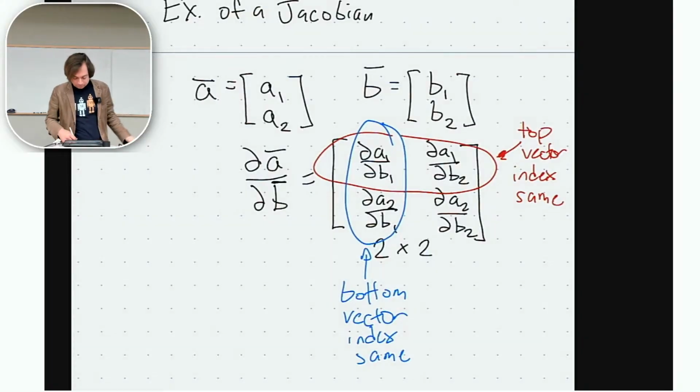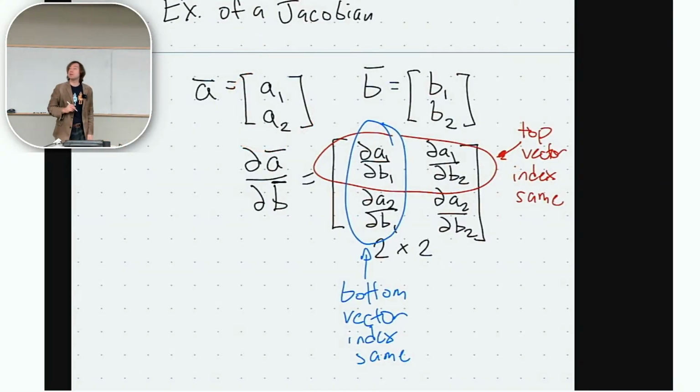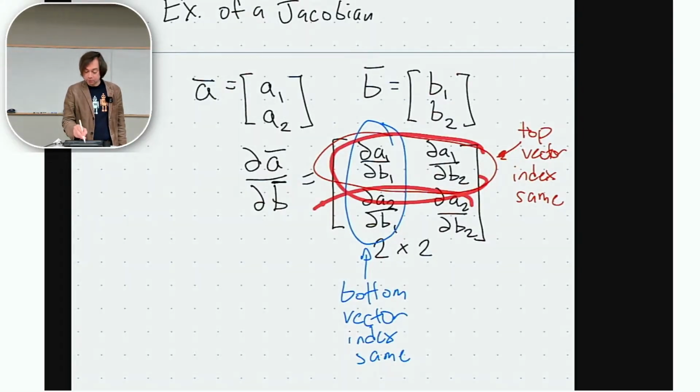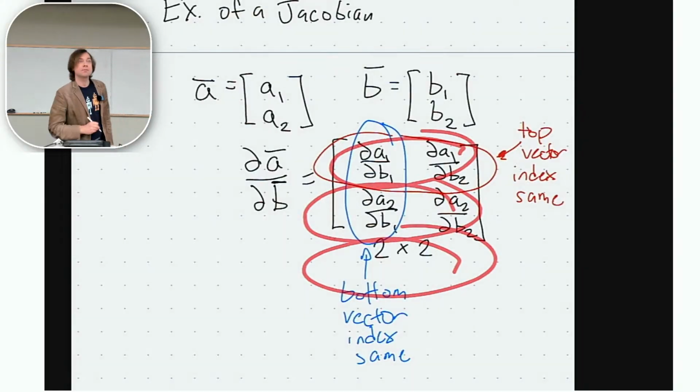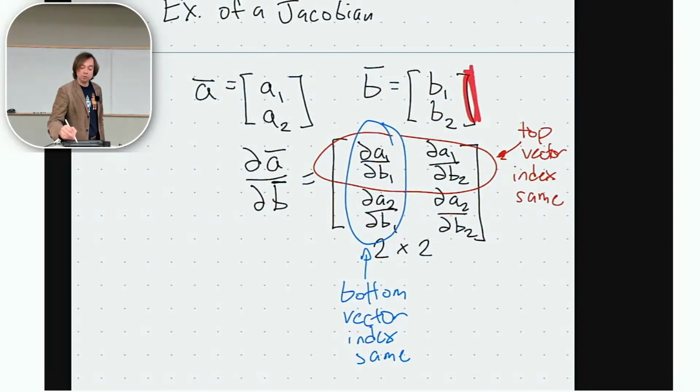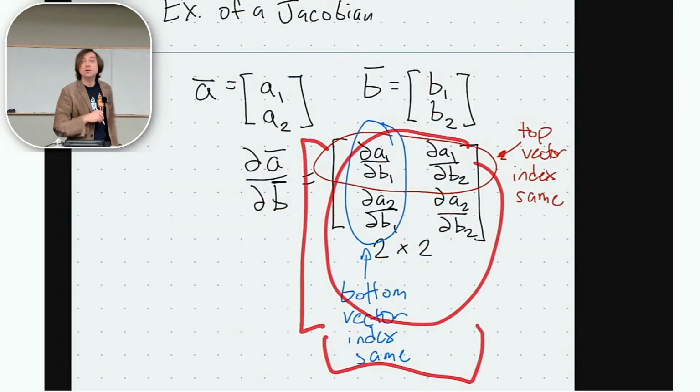So if instead of having 2 elements in this top vector A, which gave me 2 rows, I had 3, I now have 3 rows. Even if I still only have 2 of these B's, it would be 3 rows and 2 columns.